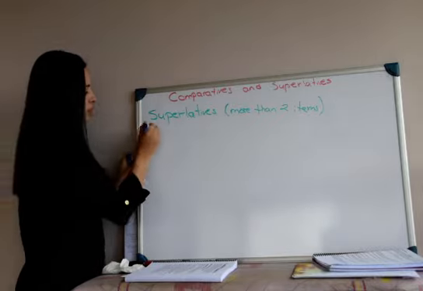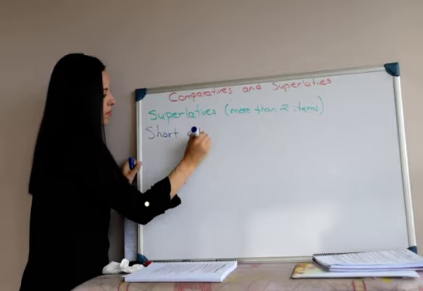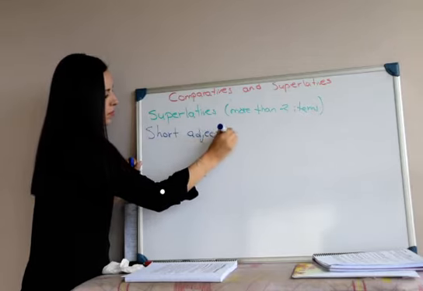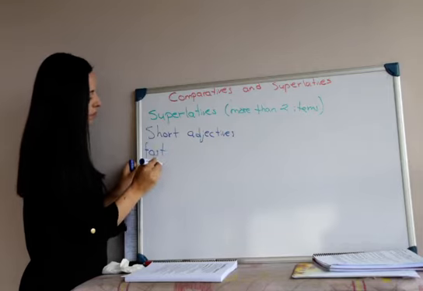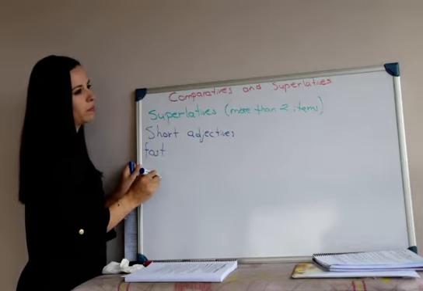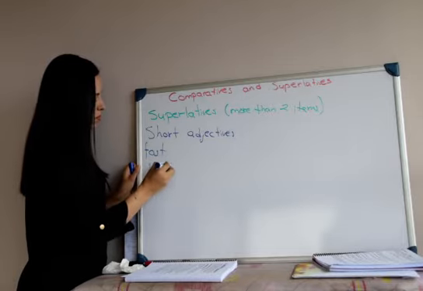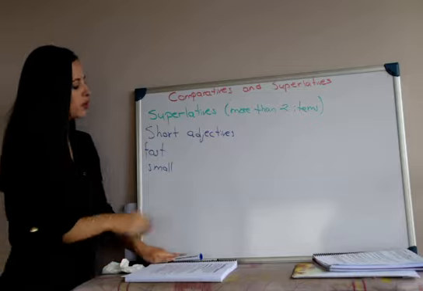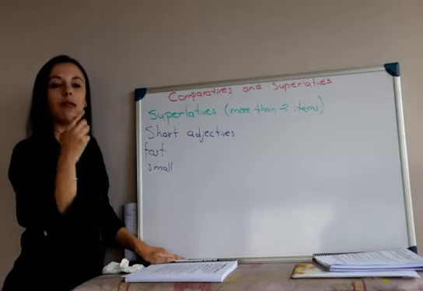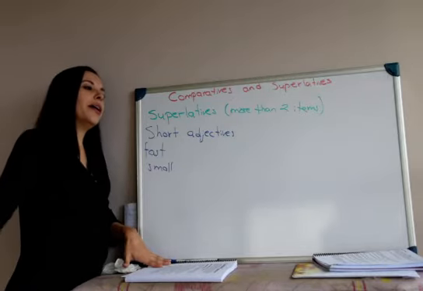We have short adjectives, like fast or small. Let's use those 2 examples. These are 2 short adjectives, only 1 syllable, fast, small. And I want to compare all the cars.